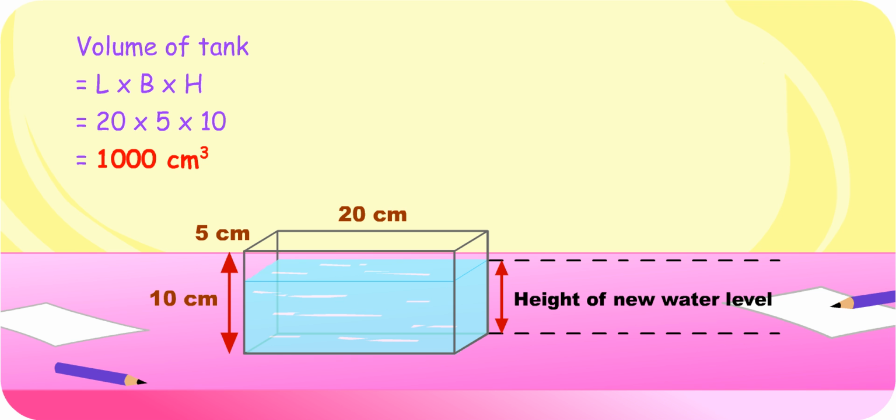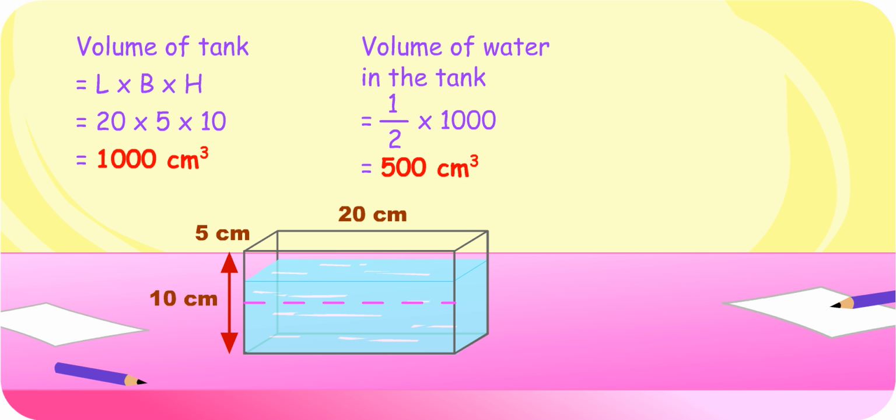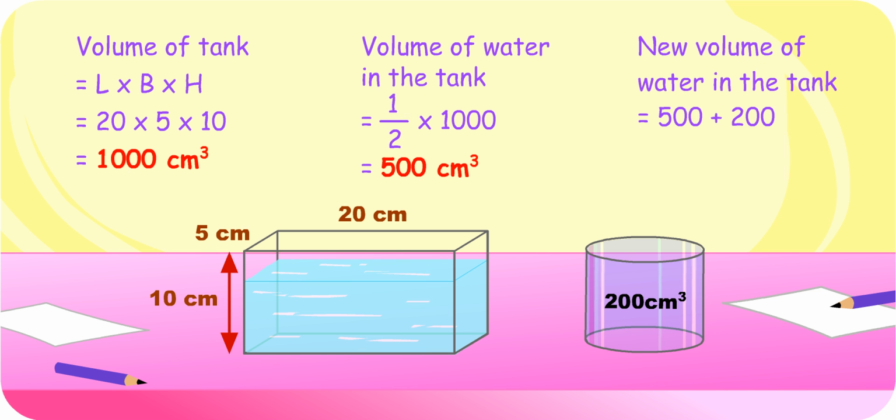Since the tank is half filled with water, the volume of water in the tank will be half times 1,000 cubic centimeters, which is equal to 500 cubic centimeters. Then, 200 cubic centimeters of water is being added to the tank. The new volume of water in the tank is 500 cubic centimeters plus 200 cubic centimeters, which is equal to 700 cubic centimeters.